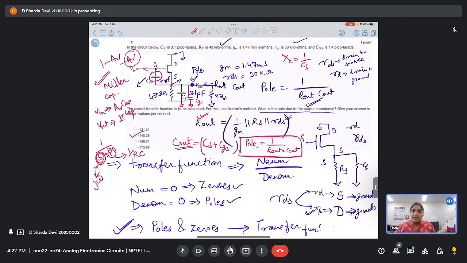When you incorporate all the poles and zeros that you have found, you'll ultimately get a transfer function which is very close to the actual one. Not exactly the same, but very close. Even while you derive the transfer function, there are many assumptions that we take just to reduce our effort for calculation.